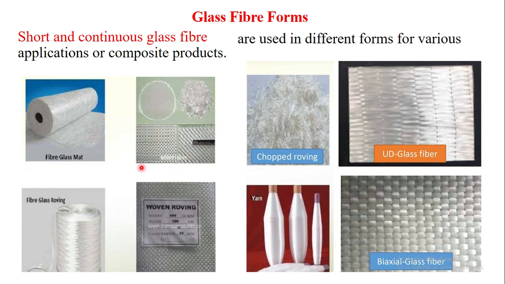Those are the forms or availabilities of glass fibers after they are formed. Short or continuous glass fibers are used in different forms for various applications or composite products. In general, the size of the glass fibers has main effects on the strength of the prepared composites.